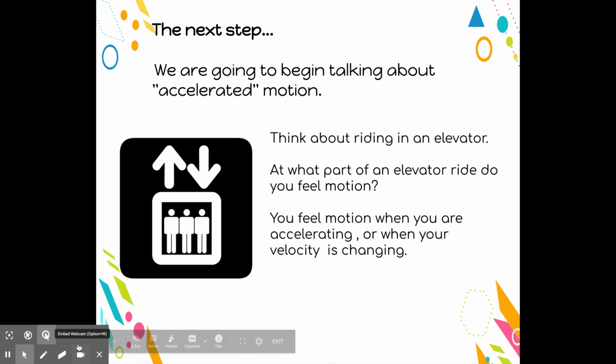So if you were to think about riding in an elevator, at what part in the elevator ride do you feel the motion? Usually it's right at the beginning. You feel that acceleration, or when the velocity is changing. When it's actually just moving at a constant velocity, not accelerating, not decelerating, you don't feel the motion.